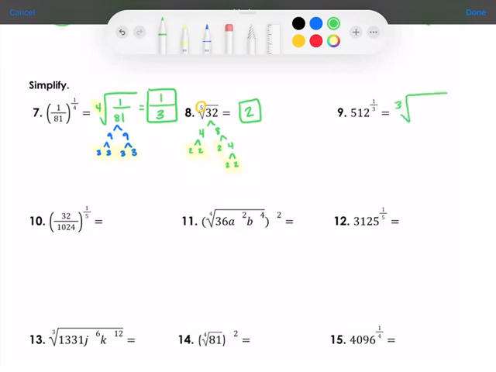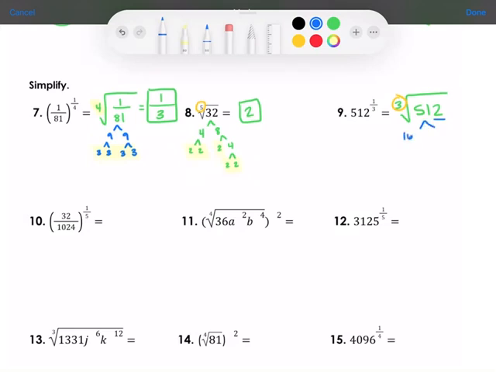Number 9, I have 512 to the 1/3 power, which means that I have the 3rd root of 512. So I'll be looking for groups of 3 within 512. So the first thing I need to do is factor this down. It is an even number, so I know it's divisible by 2. But with large numbers, instead of dividing it by 2 first, I usually try something else like 8 or even like 16.